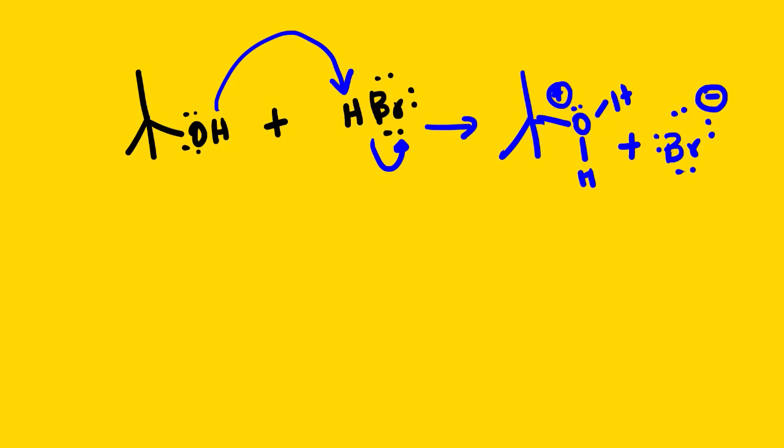So in this case you can see that once our leaving group leaves, we are going to have a tertiary carbocation which is stable.